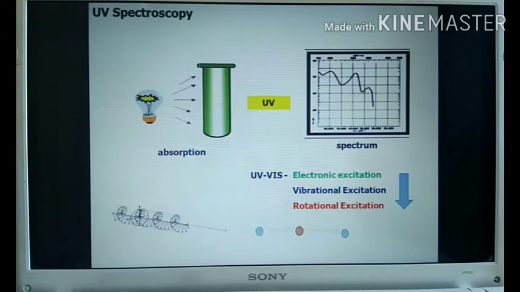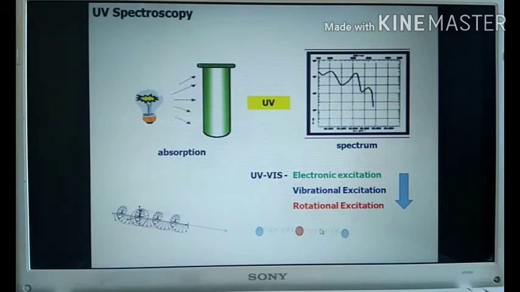When this molecule is irradiated with the UV visible range of radiation, it undergoes excitation. What kind of excitation does it undergo? When irradiated with electromagnetic radiation, the electron from this bond undergoes excitation from a lower electronic energy level to a higher electronic energy level, and therefore electronic excitation is observed.